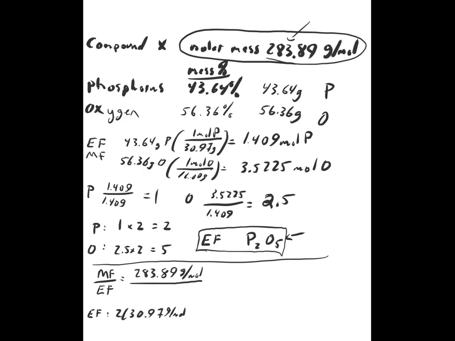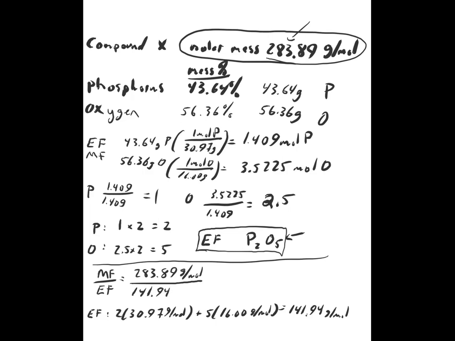That's from the periodic table. 5 times 16 grams per mole. So 2 times 30.97 plus 5 times 16, and you get 141.94 grams per mole.